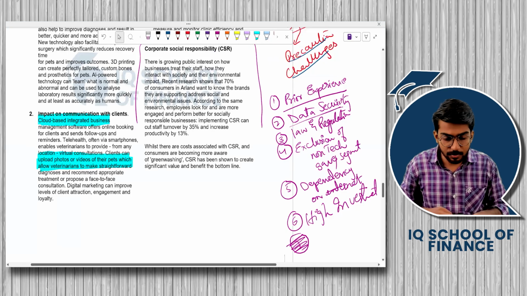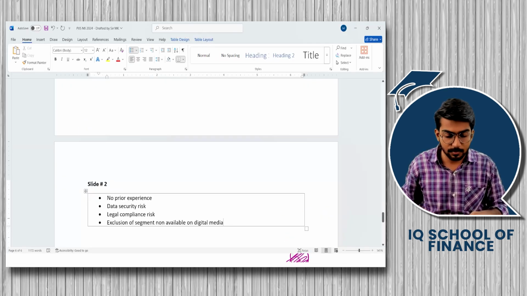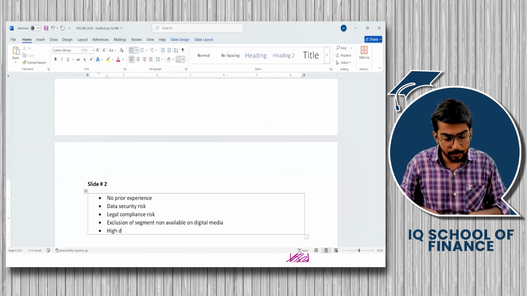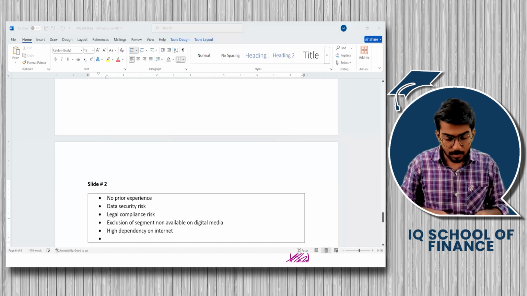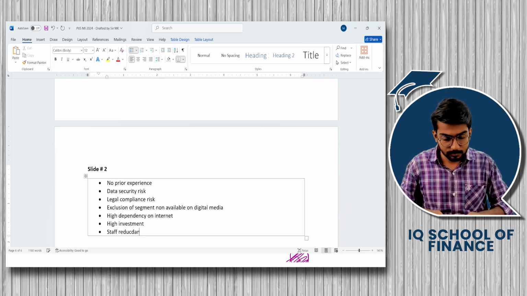But was there any related to the digital media or technology? Anyways, we can somehow explain this thing. High dependency on internet, high investment, and staff redundancy.